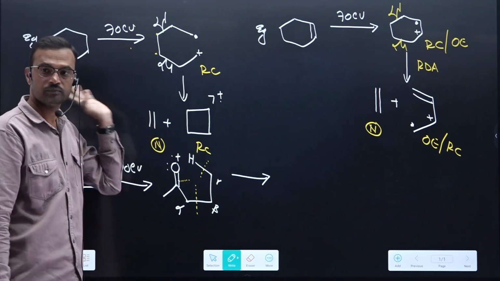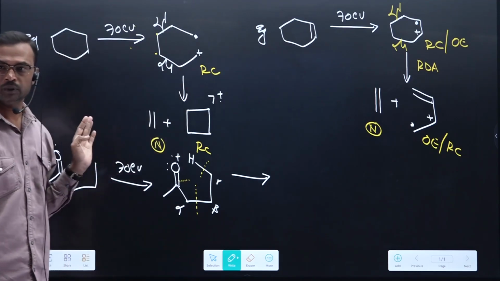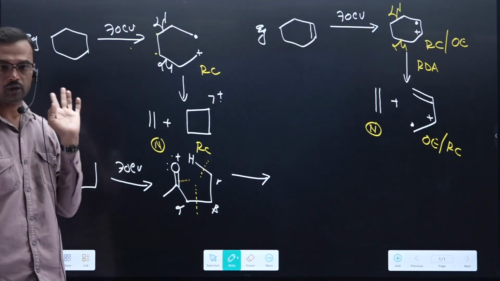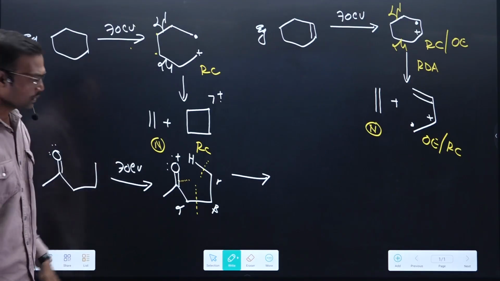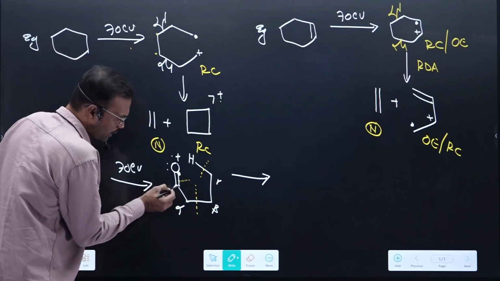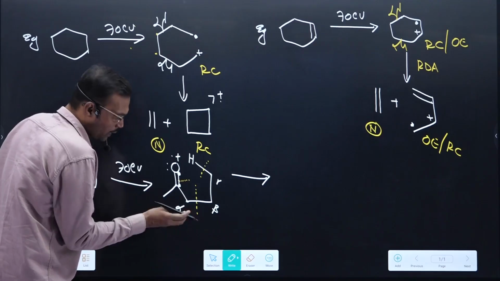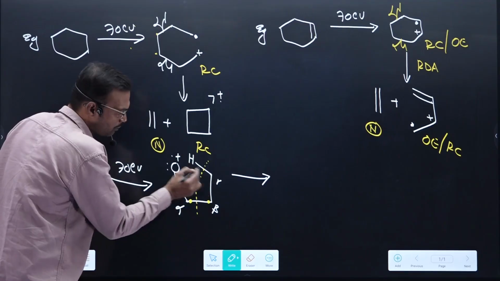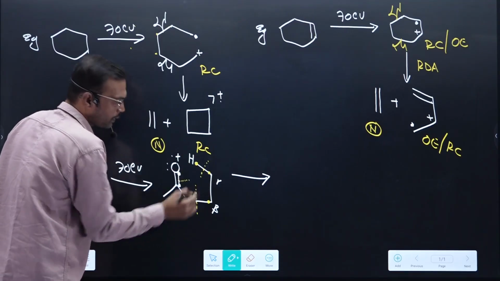Follow the rule. Same rule is same. You may get one radical cation, you may get more than one neutral or one neutral. Okay? See, if I break this pi bond, you will get one radical and here radical, right? And if I break here, radical, radical. And if I break between these two, radical, radical.